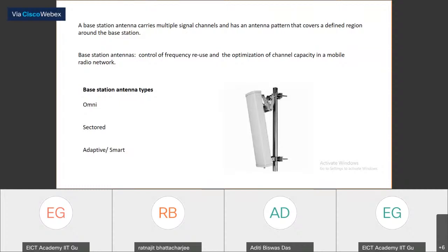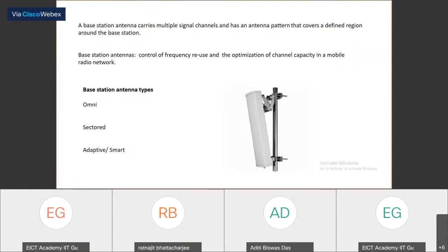And similar types of systems are also there for Wi-Fi base stations, particularly those used in campus networking. You will have some wall mount systems, the smaller units, and you have the flexibility of tilting them, directing the beam towards a certain direction. So all these facilities will be there.